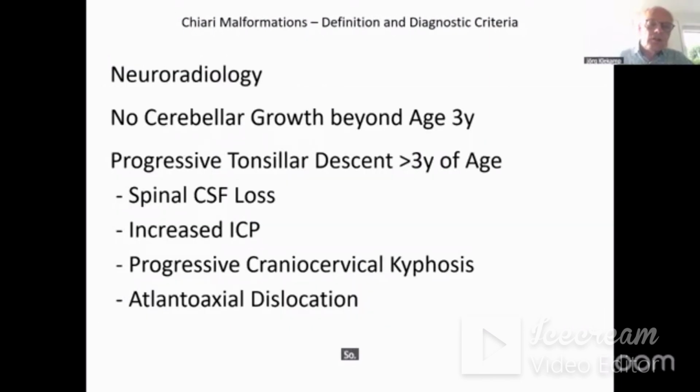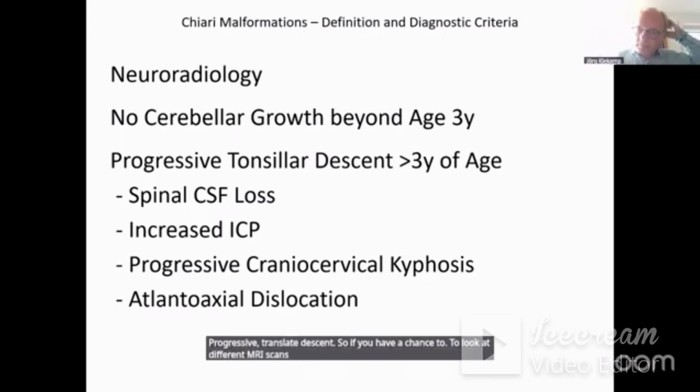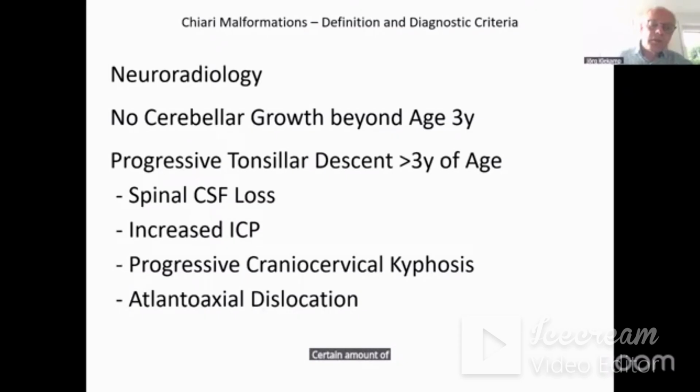So the neuroradiology has to check for progressive tonsillar descent. So if you have a chance to look at different MRI scans taken over a certain amount of time, and you see a progressive tonsillar descent in a patient older than 3 years of age, you have to remember that the cerebellum is no longer growing.